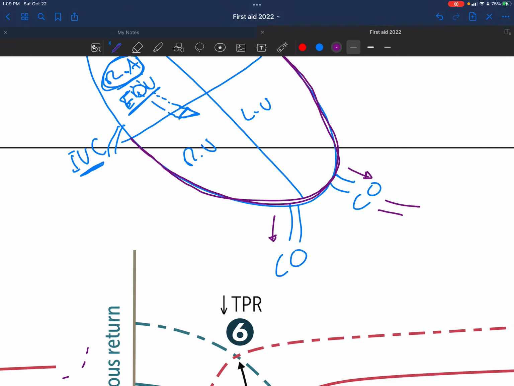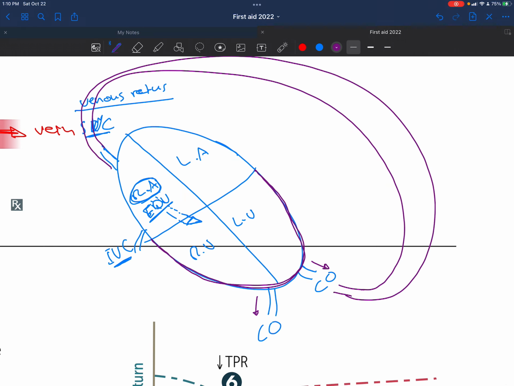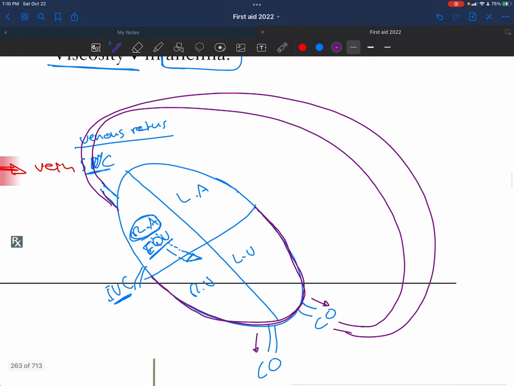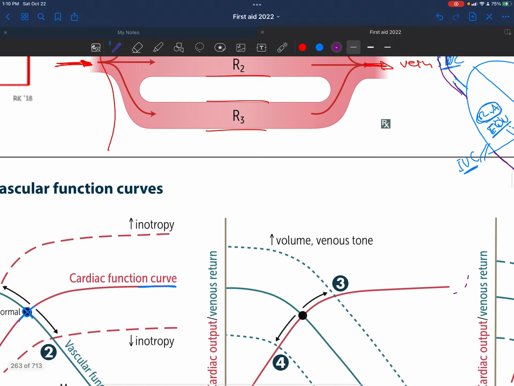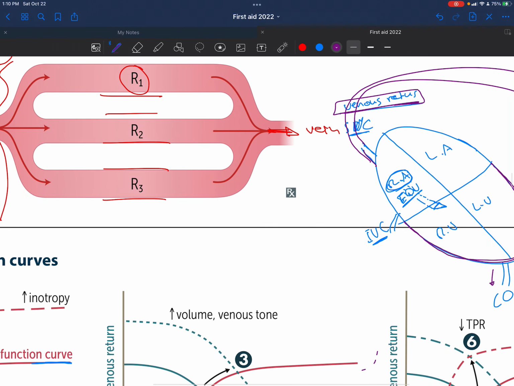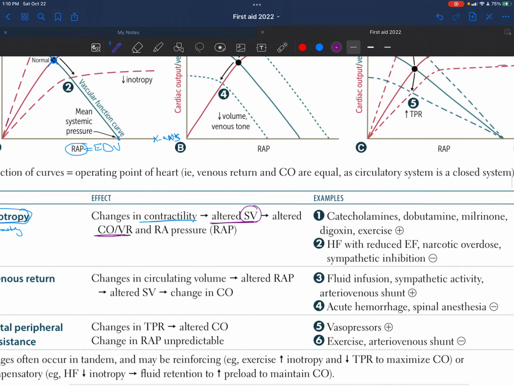And if we change the contractility, we change the cardiac output, which goes through the whole body and then back to the superior vena cava and inferior vena cava. So we are changing the venous return. We're changing how much goes out, so we're changing how much comes back into the heart. Because we're changing the venous return, we are definitely changing the right atrial pressure as well.